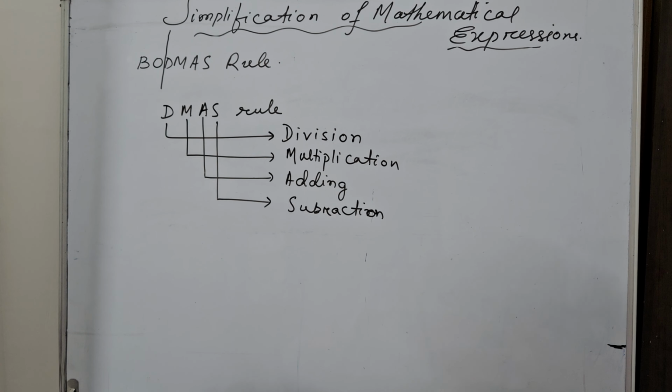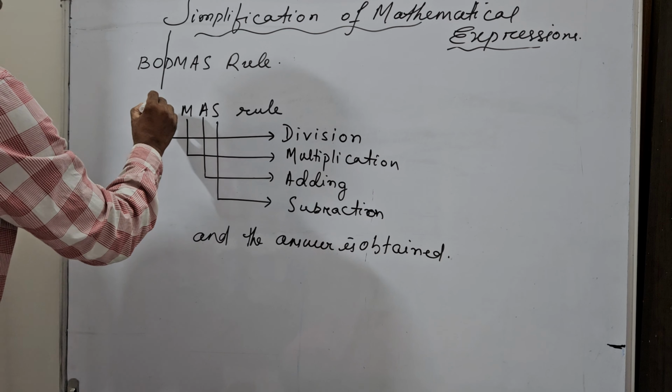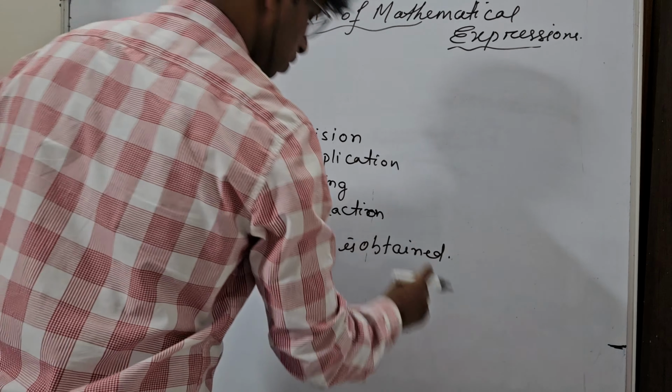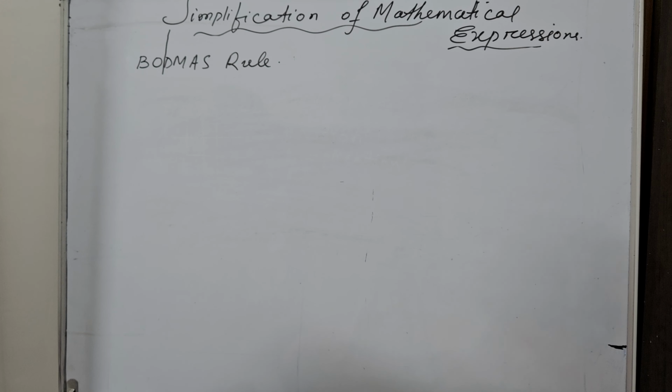So this is also a rule to be followed, because before BODMAS we must know this rule, BODMAS rule. To understand this rule, let us take one example. Since we know there are different kinds of numbers, whole numbers, natural numbers, integers, fractions, rational numbers, decimal fractions.